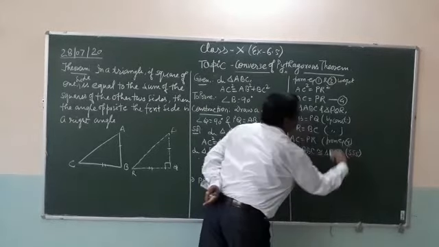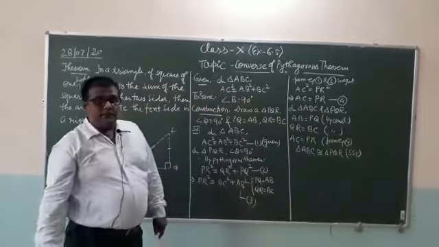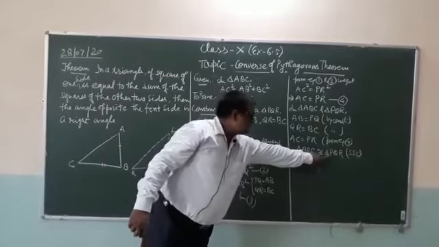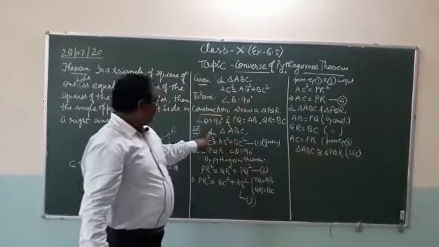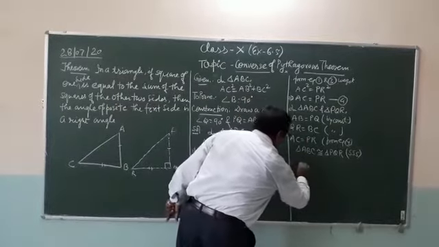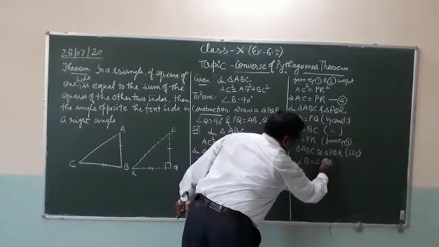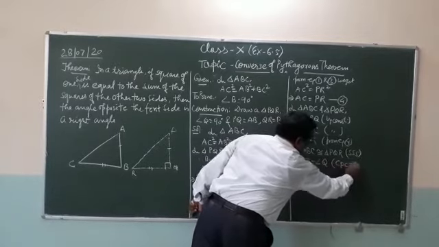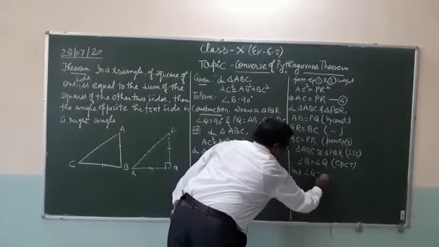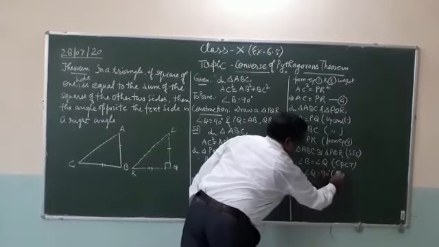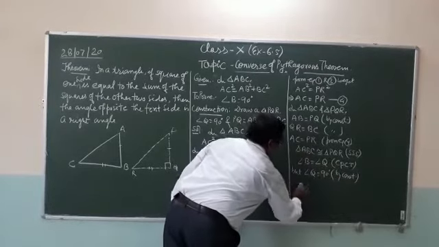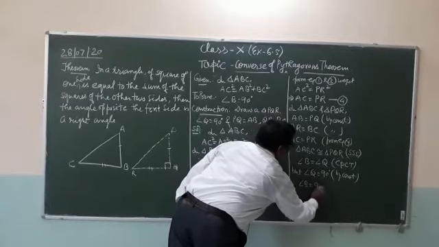By this criterion, that is side-side-side. Therefore this triangle is congruent to PQR, so angle B is equal to angle Q by CPCT, but angle Q is equal to 90 degrees by construction. Therefore angle B is also equal to 90 degrees.